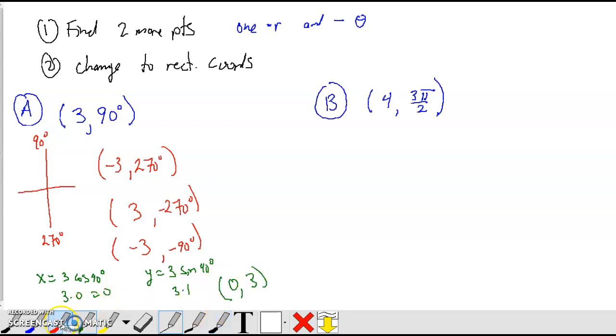All right, for the second one, r was 4, theta was 3 pi over 2. I just realized I gave you another quadrantal angle. I meant not to, but that's okay. Again, negative r value. If I think about this in 3 pi over 2, and I want to go towards 3 pi over 2, but maybe I have pi over 2, one first angle would be negative 4 and then a positive pi over 2.